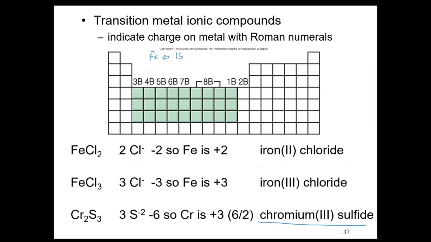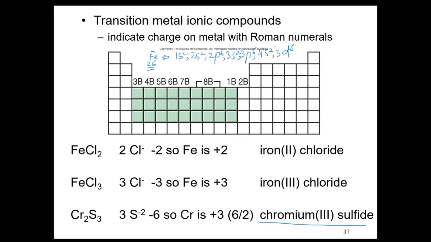Its structure is 1s2, 2s2, 2p6, 3s2, 3p6, 4s2, 3d6. Why? Because there are 26 electrons. Now what happens here?